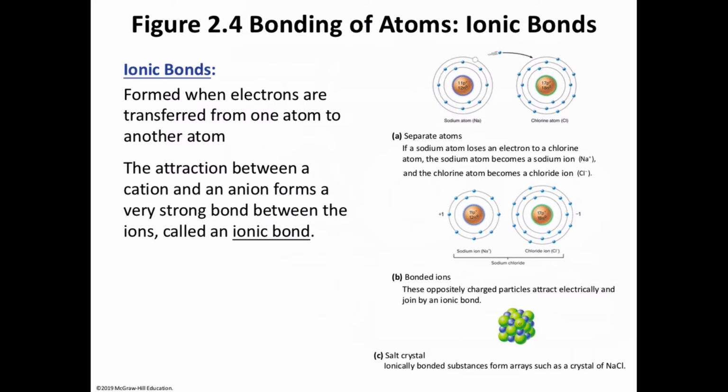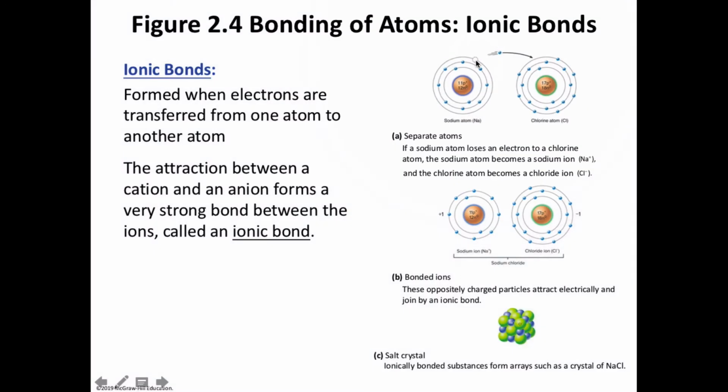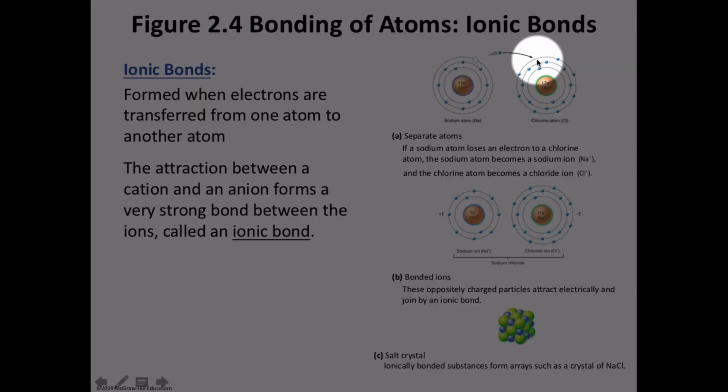The sodium atom has only 1 valence shell electron. I would hope you know that it's easier to donate 1 electron than to gain 7 electrons. So what happens is that the one electron in the valence shell of sodium is transferred over to the chlorine atom.